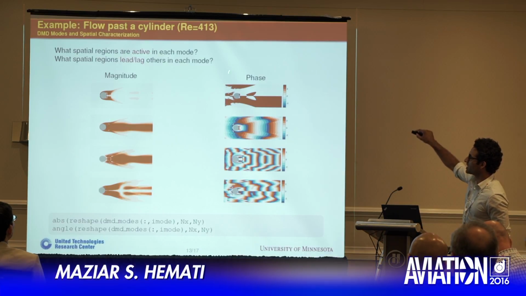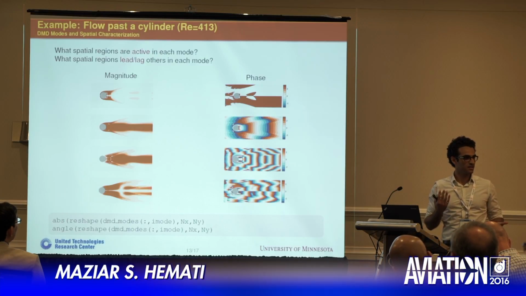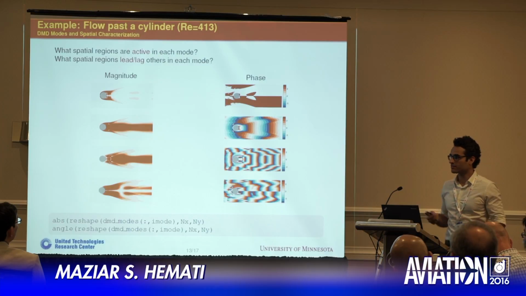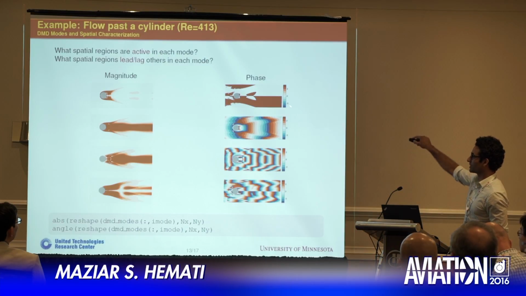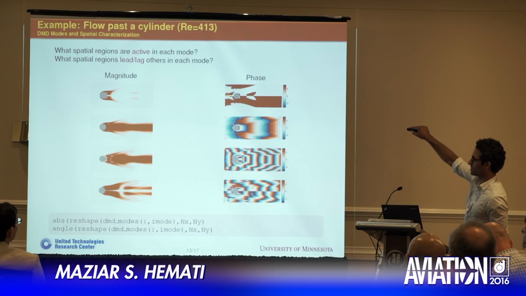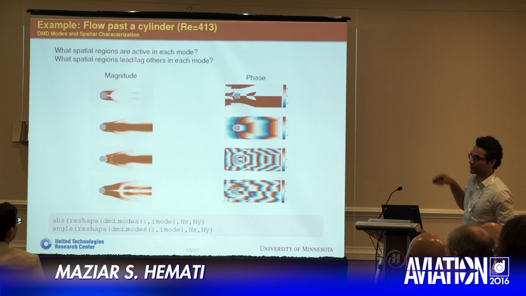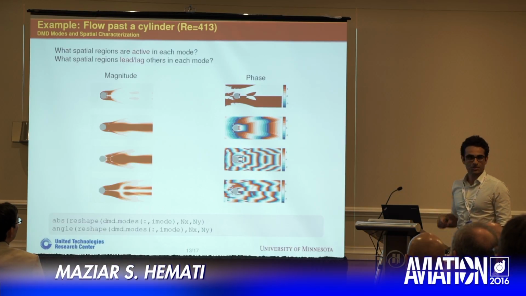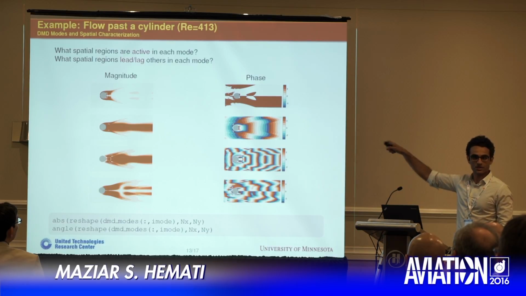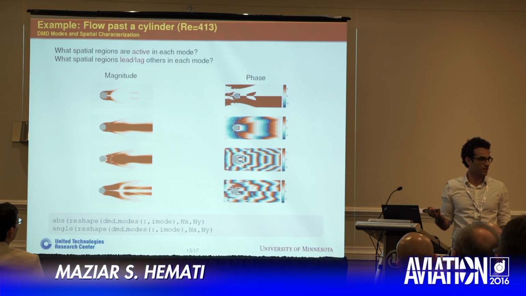And if we look at phase, phase tells us about leads and lags of different parts of space with respect to one another. What's really nice about doing this, from the mean mode, it's immediately obvious, to me at least, that there's an asymmetry here, up-down. So that first constant mode captures the asymmetry of that 2S wake that we were looking at.